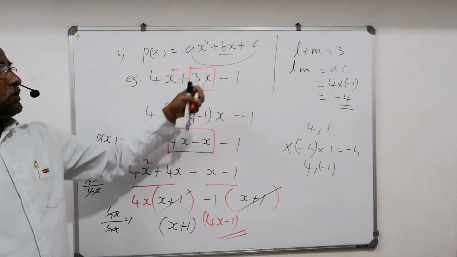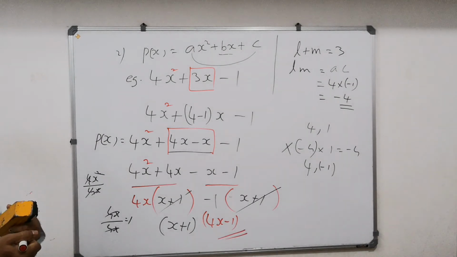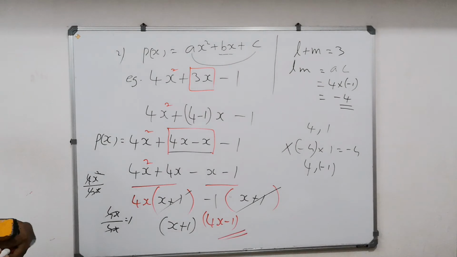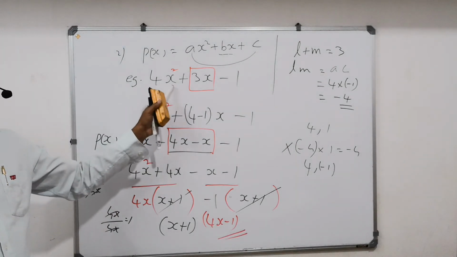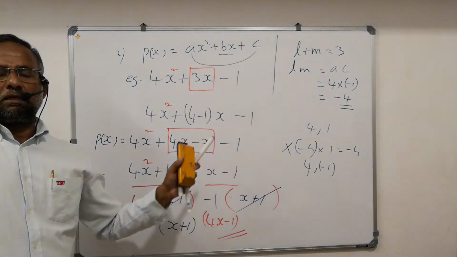Quadratic polynomial, ax square plus bx plus c. You know the general form of a quadratic polynomial is ax square plus bx plus c. Linear polynomial, ax plus b. At most 2 terms.